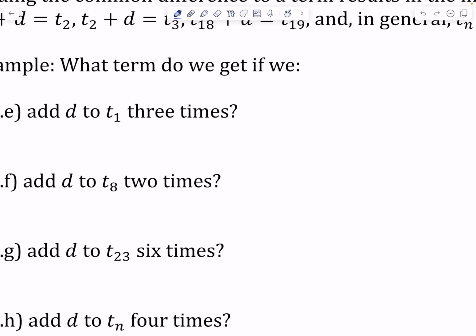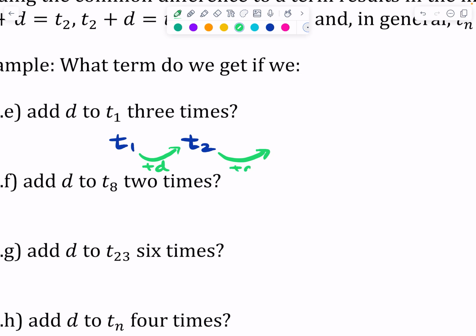So we take term 1. If we go ahead and add d to that, then we get the second term, and that's by adding the difference once. If we add the difference a second time, well, now we've added the difference to term 2, so we get term 3.